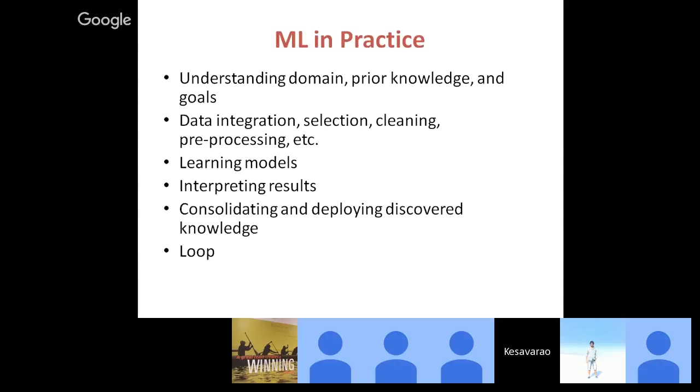So this is the loop in practice. It's a continuous loop: understand the domain, prior knowledge and goals; data integration, selection, cleaning, pre-processing; learning models with the training data; interpret the results; consolidate and deploy the discovered knowledge as a model that can predict for you.